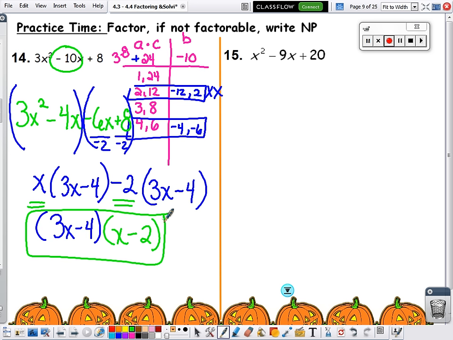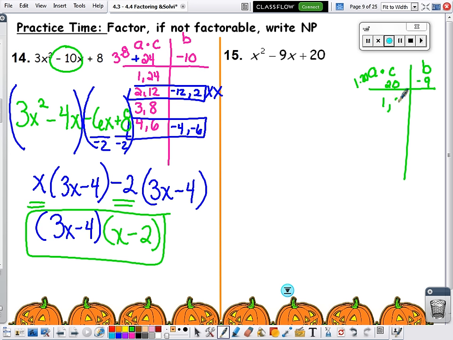Number 15, we have a trinomial again. We do not have any GCF that I can factor out, so we're going to start right with what is a times c, and what's our b? Well, a times c is 1 times 20. So I want some numbers we can multiply to get 20, but I need a negative 9.